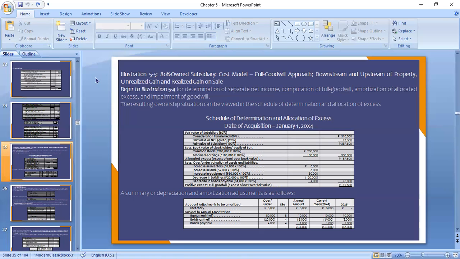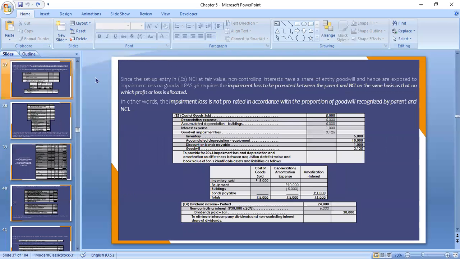Then the bonds payable, the discount is equivalent to 1,000. That's 4,000 divided by 4. So 1,000 a year, and we have to reflect it in our amortization adjustments.